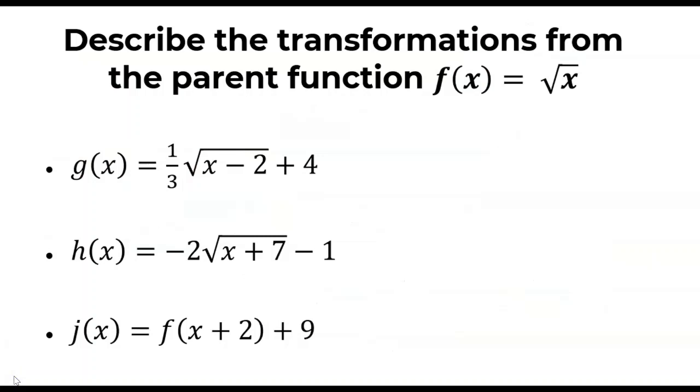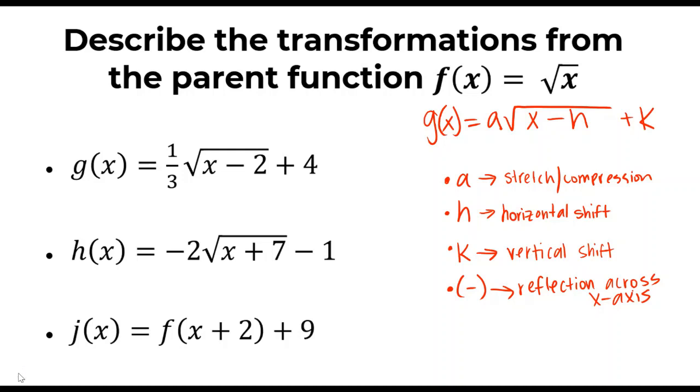All right, now let's get into graphing. So describe the transformations from the parent function, aka the mother function, f of x equals the square root of x. And it would be helpful for us to remember the rules of the transformations here. So let's start by writing out the general equation.